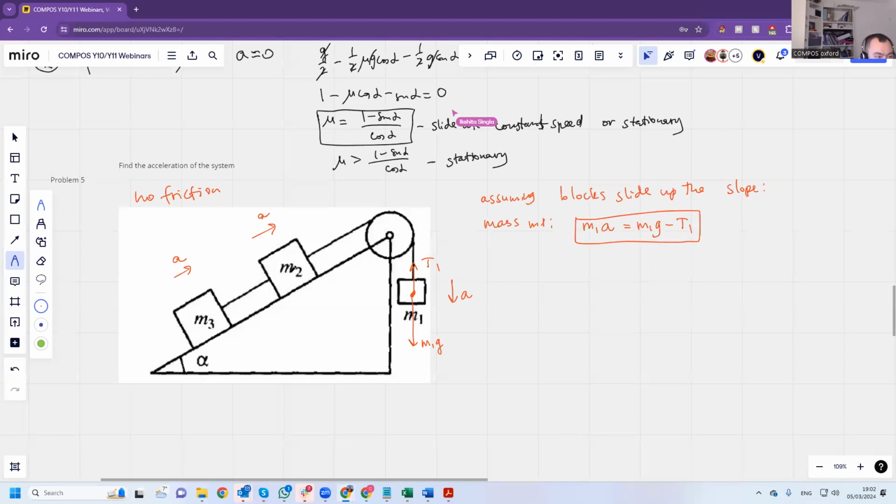Now for mass M2, there's M2G, there's the reaction force R2, there's the tension T1, and there's the tension T2. Now we break this down into 2 components.